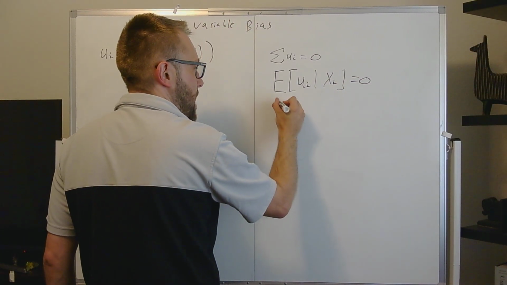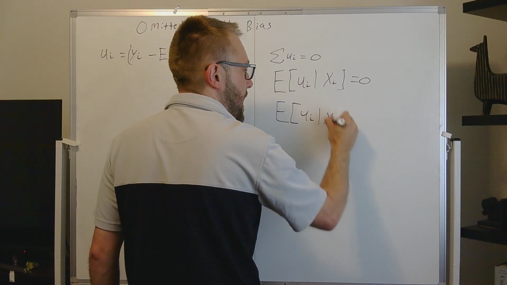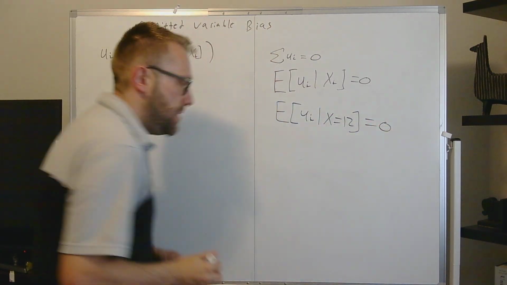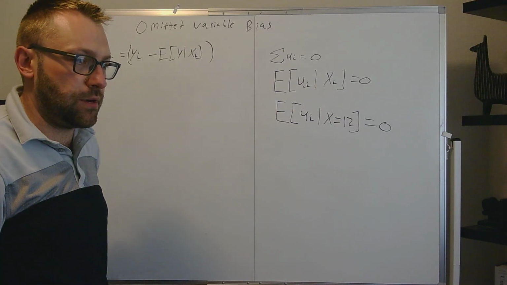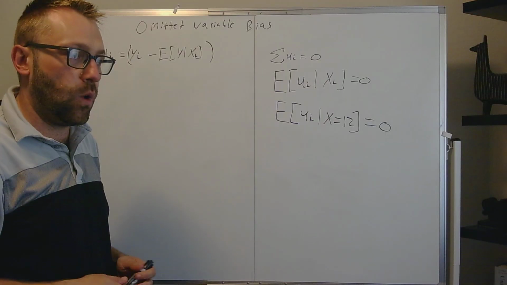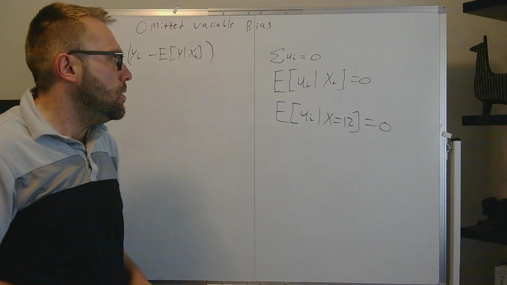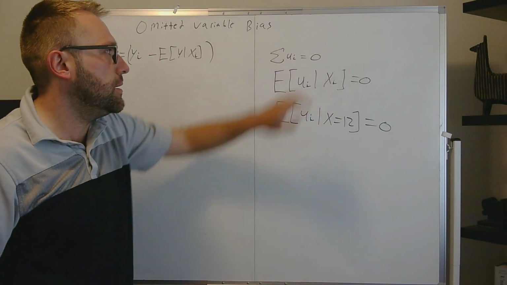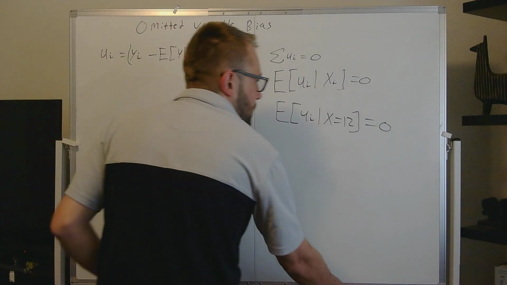So that was to say that if you had the expectation of ui given that x equals 12, we had seen, at least with them, that the expectation would have been equal to 0, because even if I take this and then divide by 1 over n, that would be irrelevant. It wouldn't really matter, because you just multiply out that n, and the key here would be you would retain that 0.